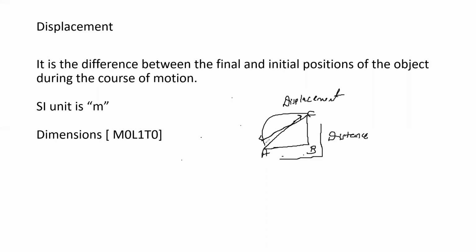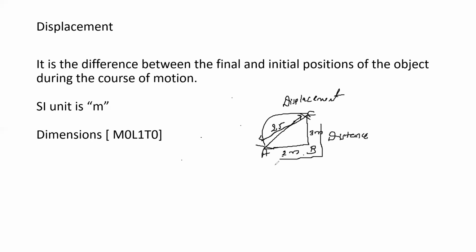So in short, we say that the shortest distance between the initial point and the final point is taken as displacement. Suppose A to B is 2 meter, B to C is 3 meter, and A to C is 2.5 meter. Then what is the distance?